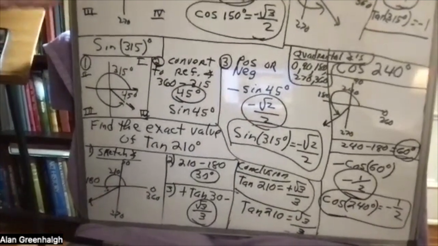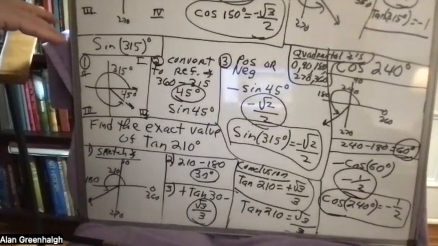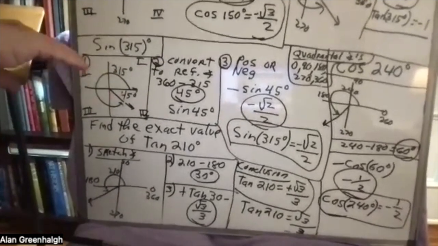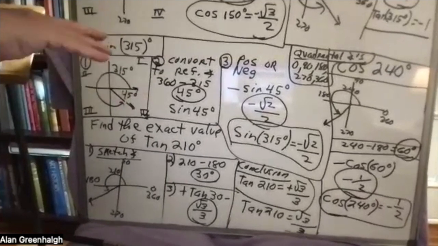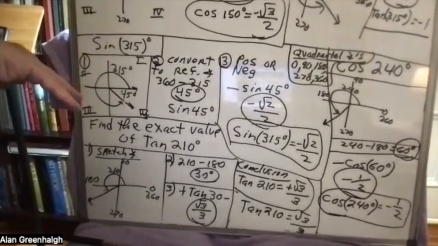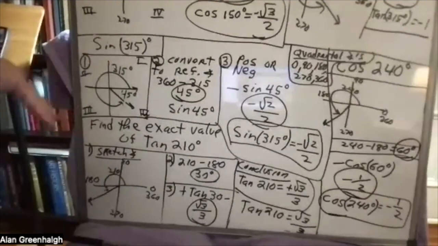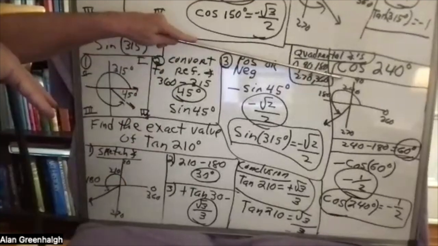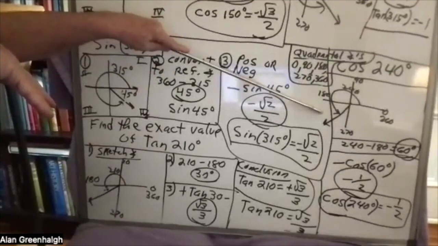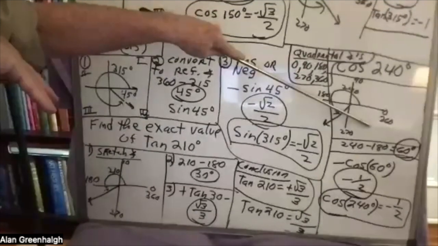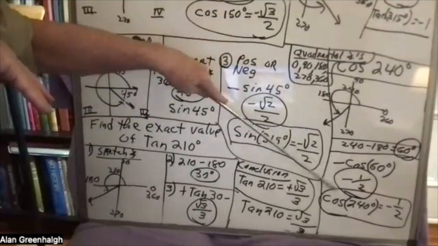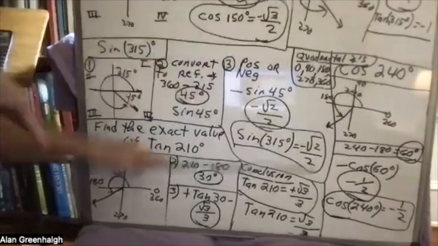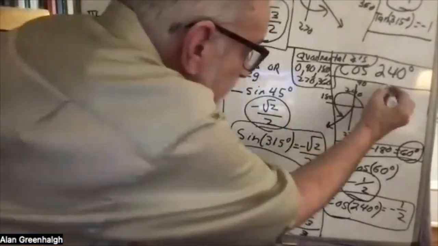So there's a lot to remember here. Sketching the graph is not so difficult, but you have to be able to convert it. And for that, just remember that it's 180 minus the angle, 180 minus the angle, 360 minus the angle. And in terms of positive and negative, in the first quadrant all of the functions are positive.